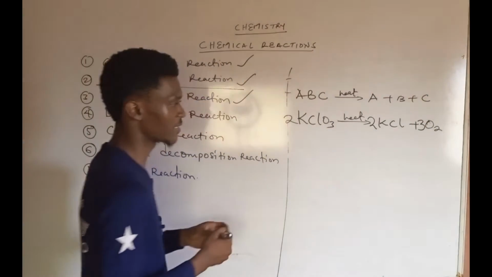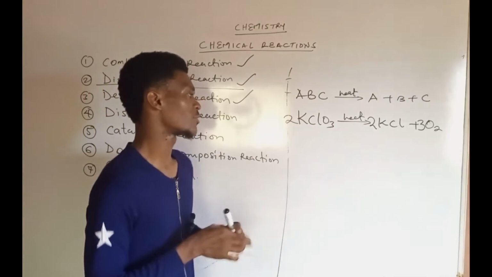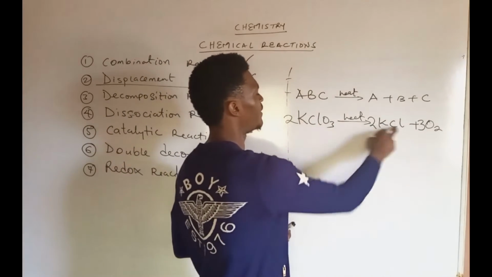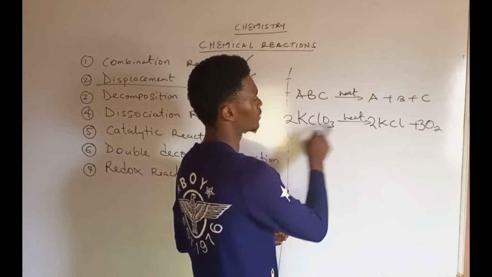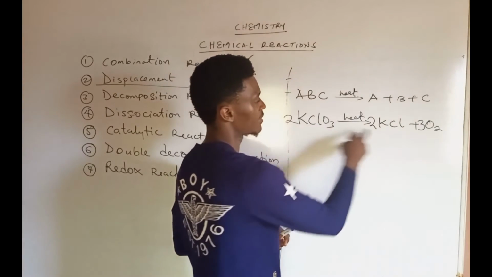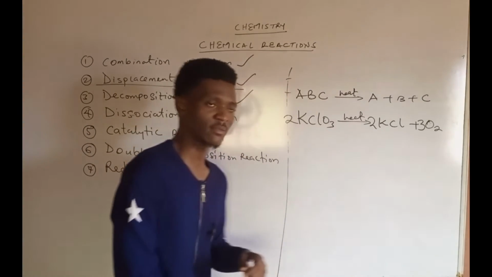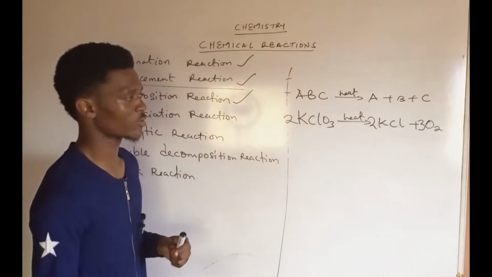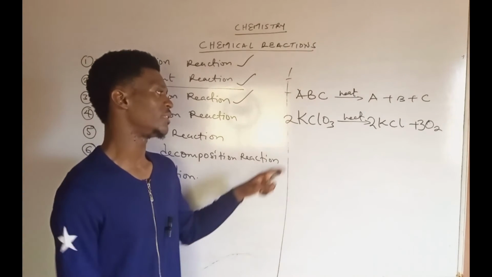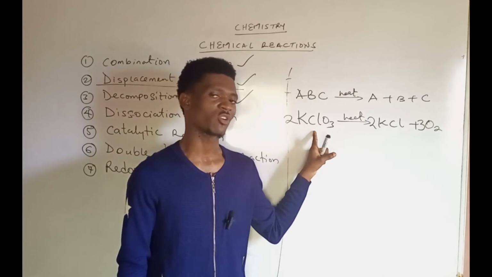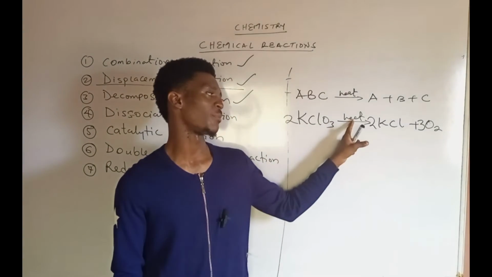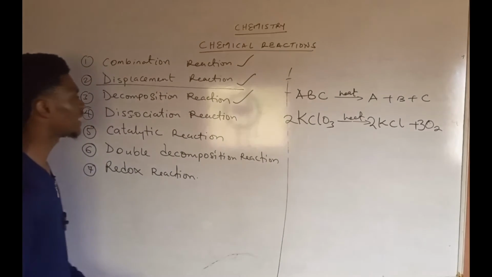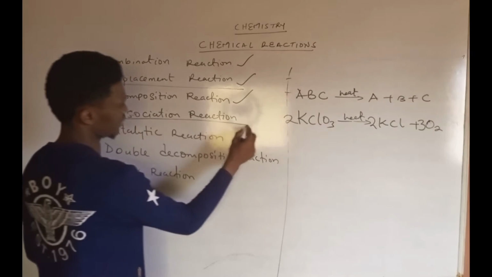Of course, the reaction is balanced because now, how many potassium are you having? 2 potassium, 2 chlorine, and 2 times 3 in oxygen being 6, and then 3 times 2 is also what? 6. Okay, so this is an example of a decomposition reaction. But more specifically, you can call this a thermal decomposition reaction, in that it involves the application of what? Heat. Okay, all right.